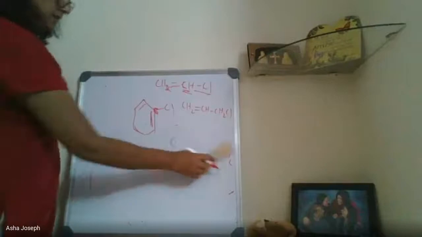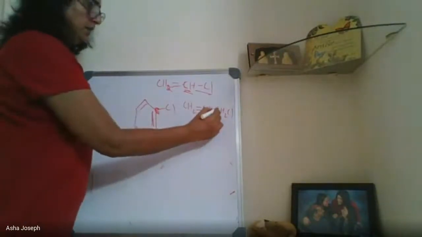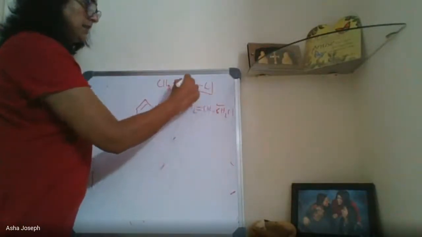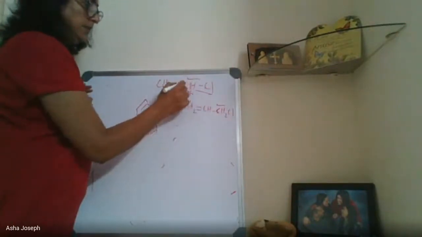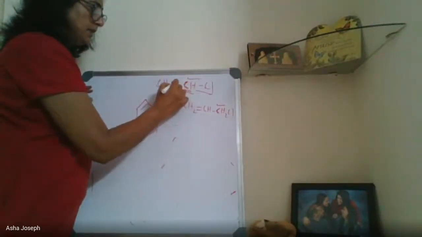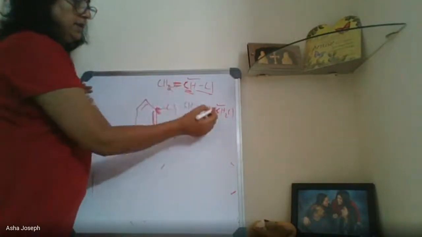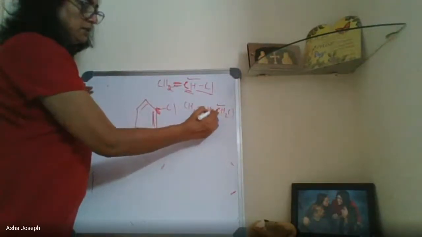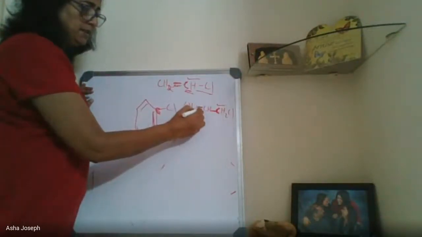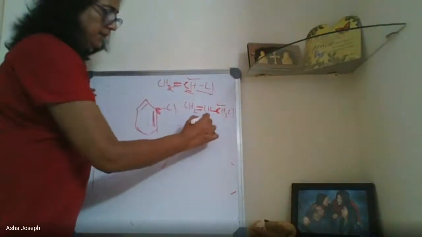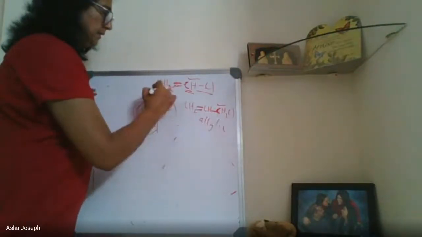This is the difference between the two. Here, this is the carbon connected to the halogen. The double bond is on that carbon here. So vinylic. In this case, the double bond is not here, it is a single bond. This carbon is connected by a single bond. The next carbon is the double bond. Then allylic. Understood? This is vinylic.